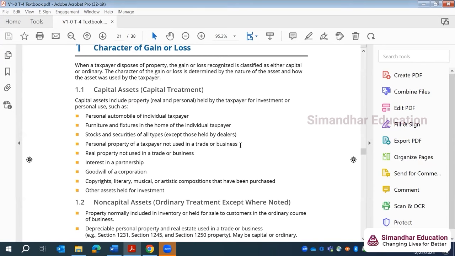There is a limitation on how much of the losses can be offset against other nature of income. And likewise, at the corporation level, though we have a standard tax rate of 21% on all categories of income, whether ordinary or capital, there is the netting of the losses, so capital losses cannot be set off against ordinary income. That is the reason it is very important for us to understand the nature of the gain.